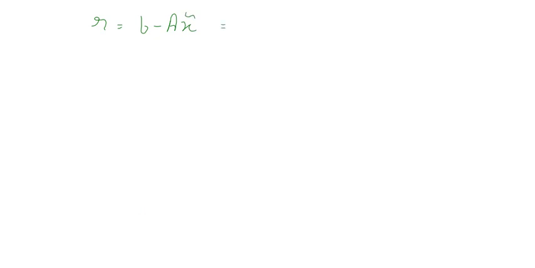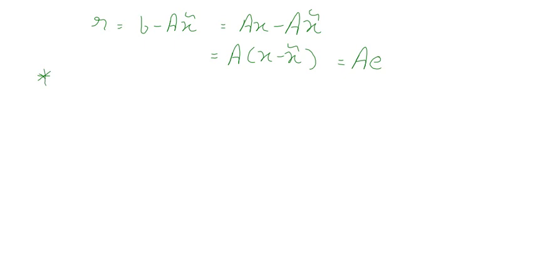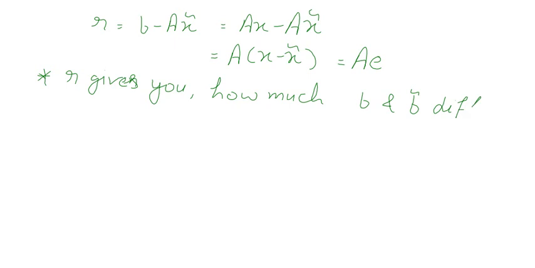That is nothing but, B is AX, so AX minus AX tilde, which equals A times (X minus X tilde), which equals A times E. And R tells you how much B and B tilde differ, the closeness between B and B tilde.